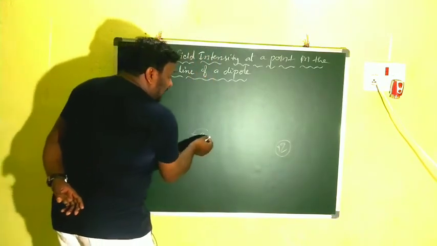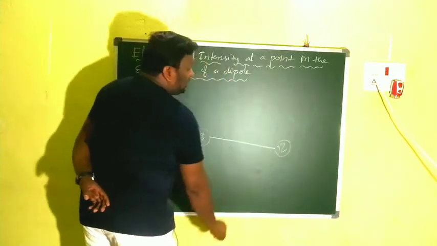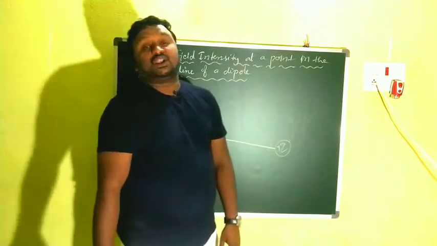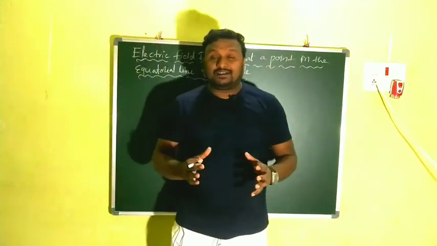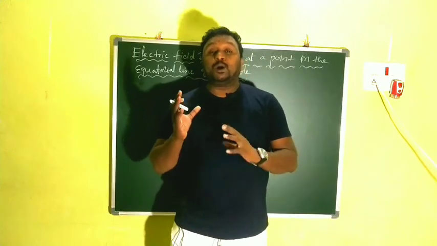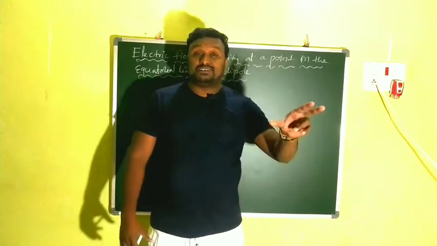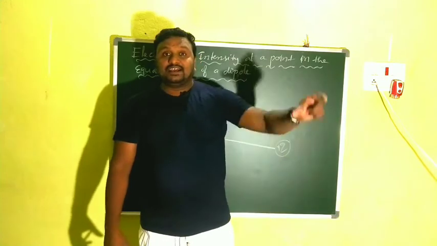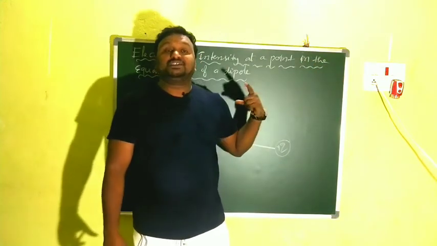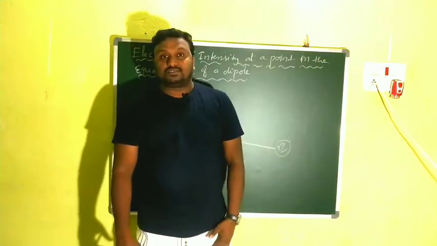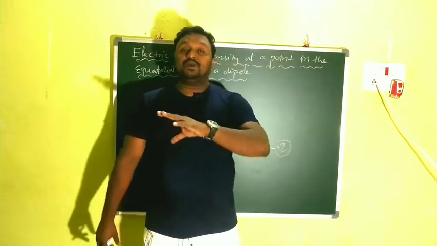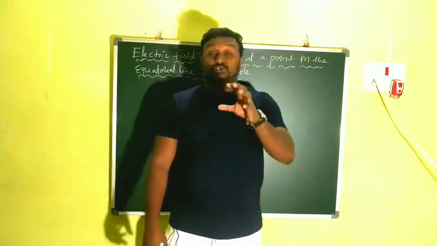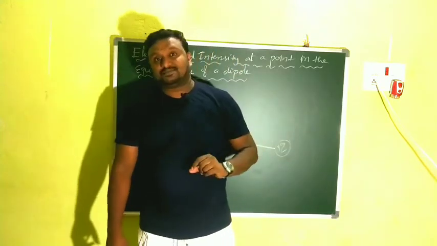They are separated by some distance. Now it is called a dipole. The line should pass through the two charges. A dipole is a combination of equal and opposite charges separated by some distance.